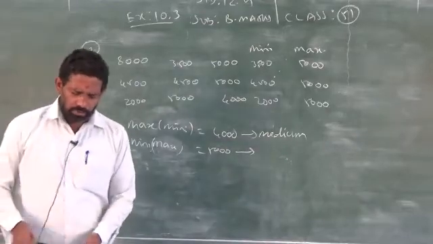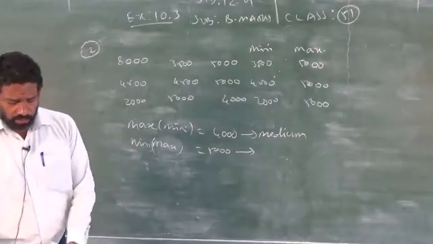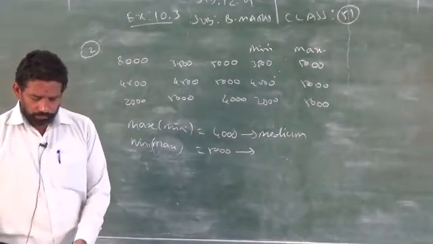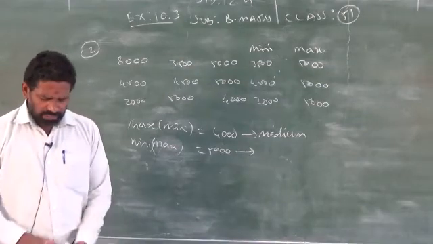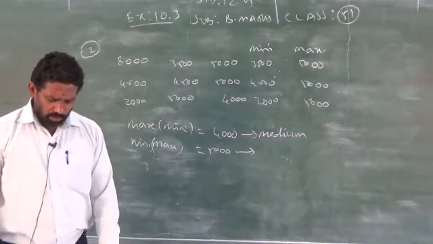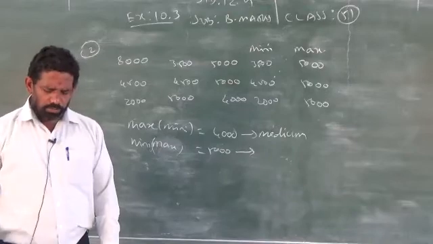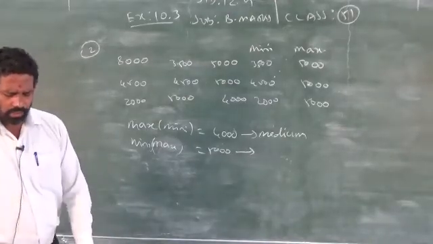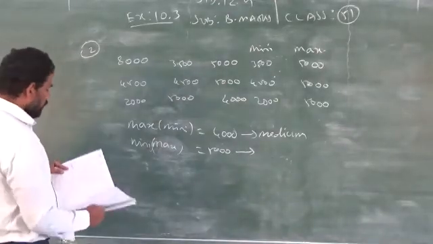So these are the values and these are the methods to find out whether it is minimax or maximin. This will come in 2 more questions. Surely you will get 2 more questions.